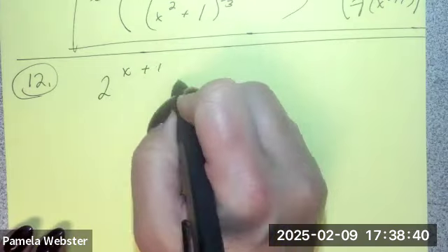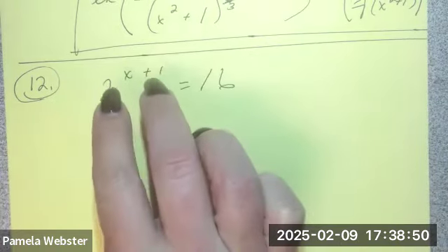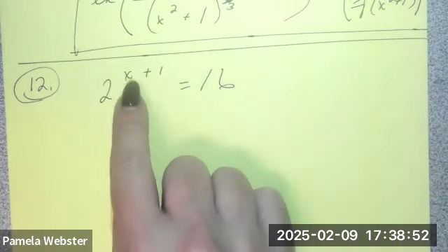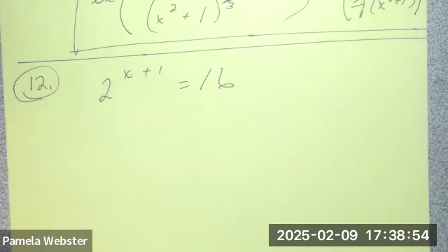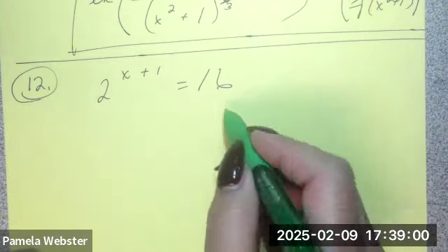2 to the x plus 1 equals 16. Okay. The idea here is hopefully you can look at this and say, without using a calculator, and I'm also not taking a logarithm here, to get this x out of the exponent. That's what I would want to do, get that x down, but I'm not doing that. So what else can I do?